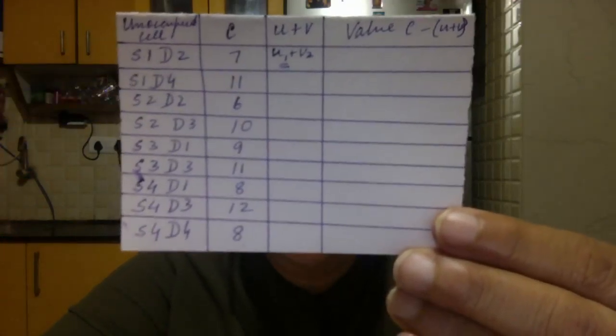Similarly, here you write U1 plus V4 is equal to, next, U2 plus V2 is equal to, next, U2 plus V3 is equal to, next, U3 plus V1 is equal to, then U3 plus V3 is equal to, next, U4 plus V1 is equal to, next, U4 plus V3 is equal to, next, U4 plus V4 is equal to.